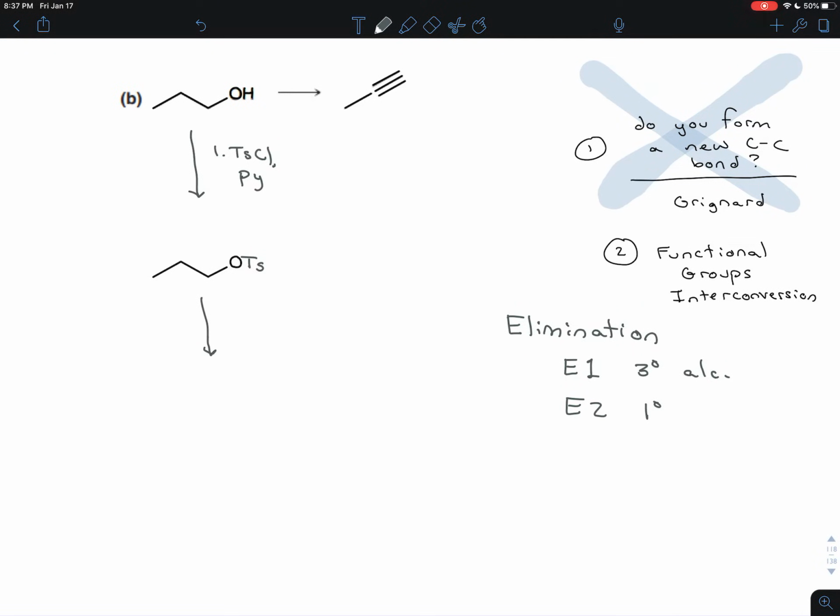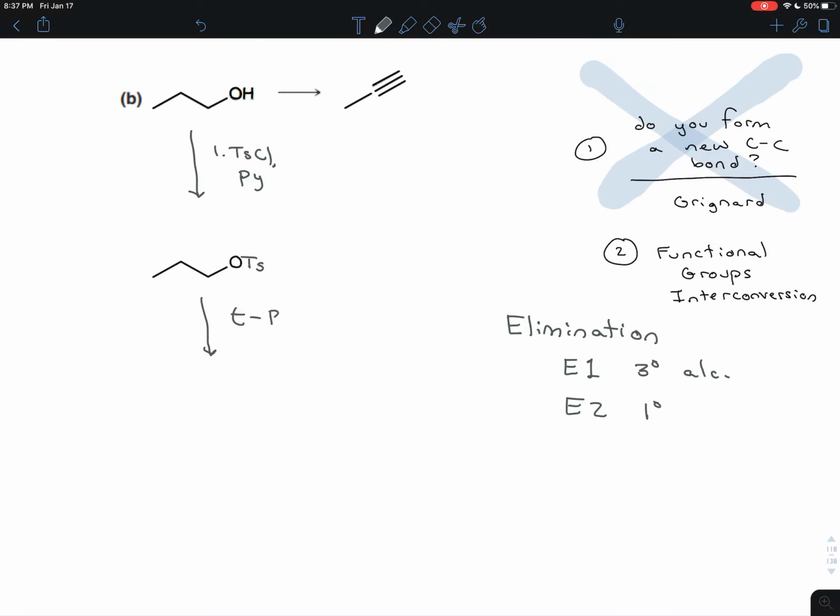It doesn't matter what type of base you use. If it doesn't matter, especially if the leaving group is on a primary carbon, I like to use a bulky base because that prevents substitution side reactions. If you have a skinny one, then the base could also potentially function as a nucleophile, and you could get a substitution reaction.